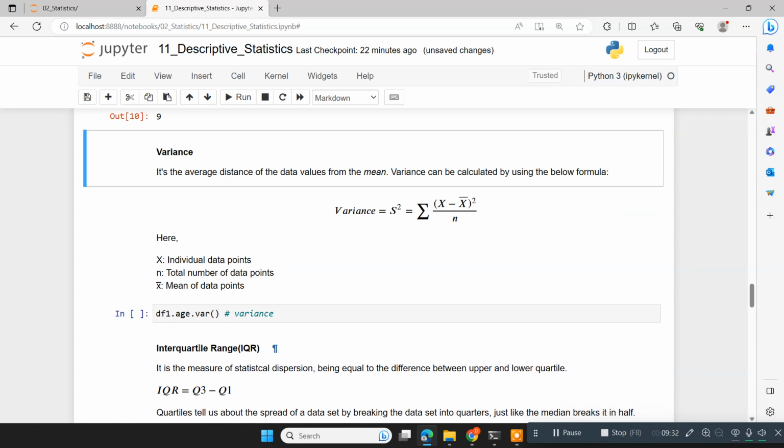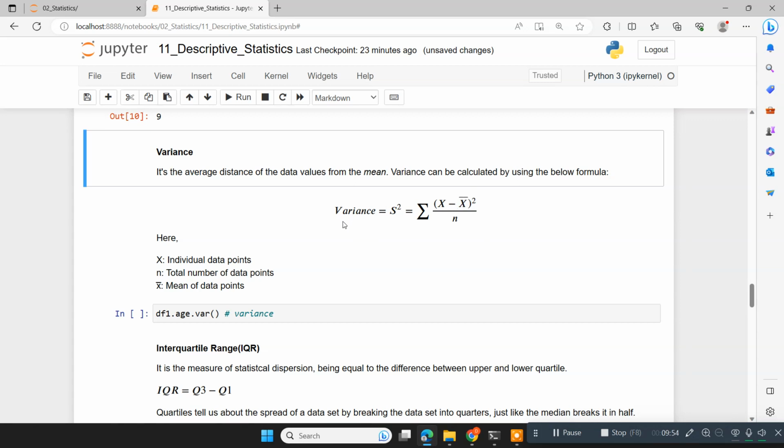Then let's define variance. Variance means the average distance of the data values from the mean. So you need to calculate the mean, and let's say there is some attribute x. How that x has the average distance from the mean.